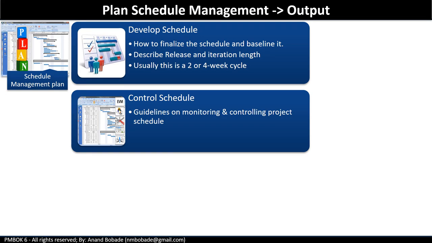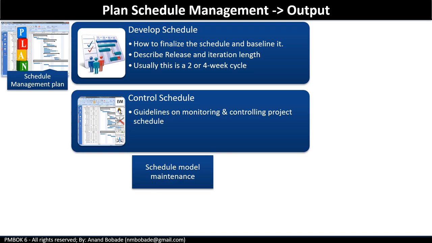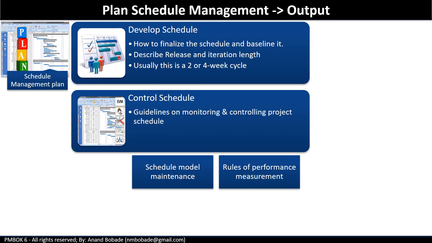Control schedule. It contains guidelines on monitoring and controlling the project schedule, which includes project schedule model maintenance, the process used to update the status and record progress, and rules for performance measurement. In this case, how earned value measurement will be used to monitor schedule performance.